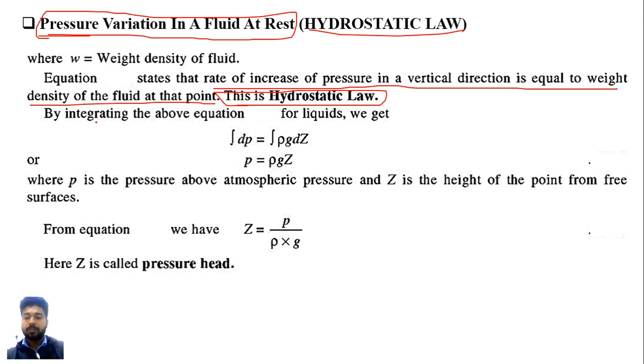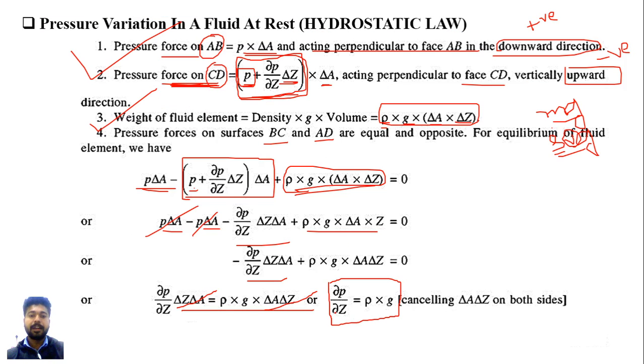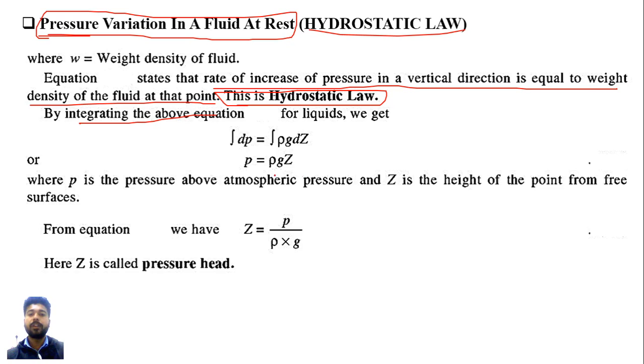Now, by integrating the above equation, del Z goes to the right side and we integrate dP equals rho g dZ.